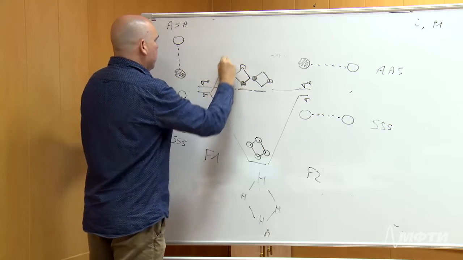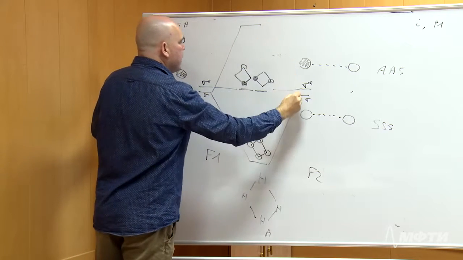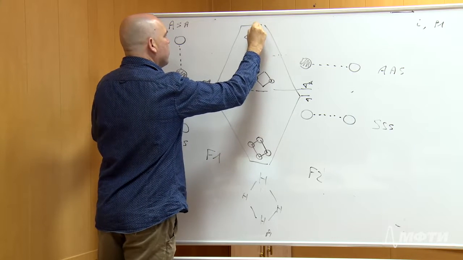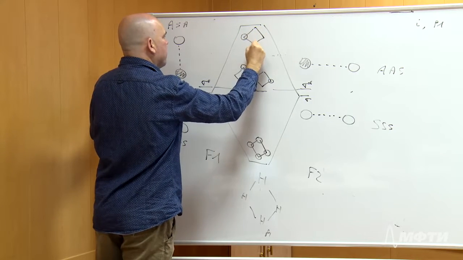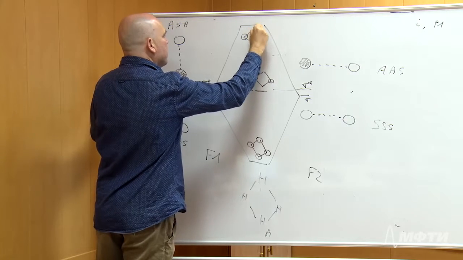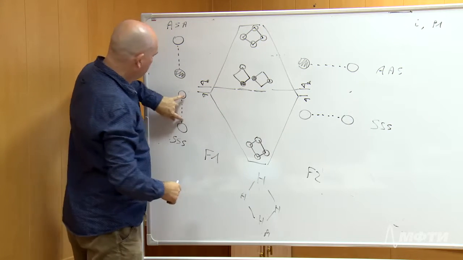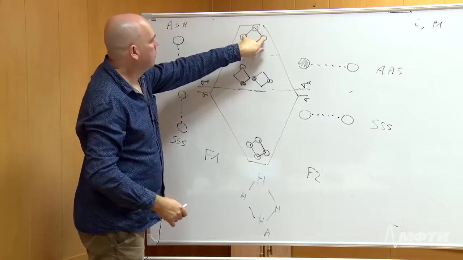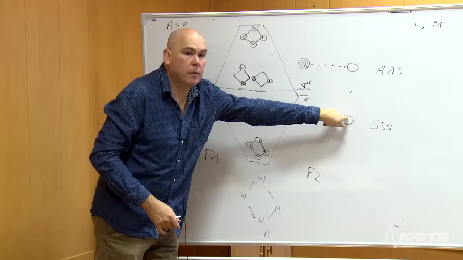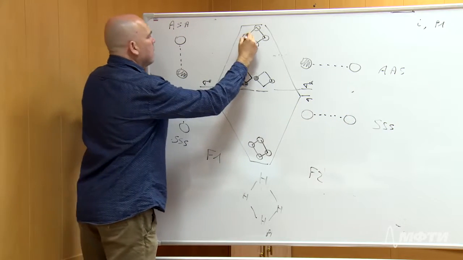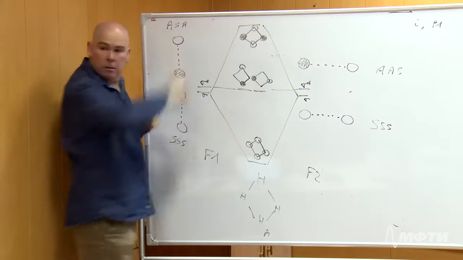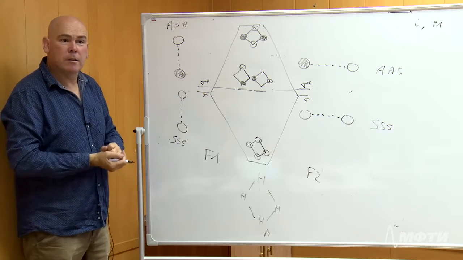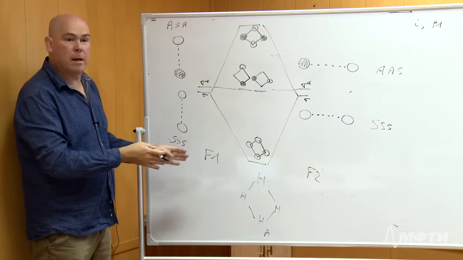And you will have an out-of-phase combination here that you can draw like this. So it will be this here minus this one. Okay? So you have to blacken this. We're done. It's done. So we did H4 square.